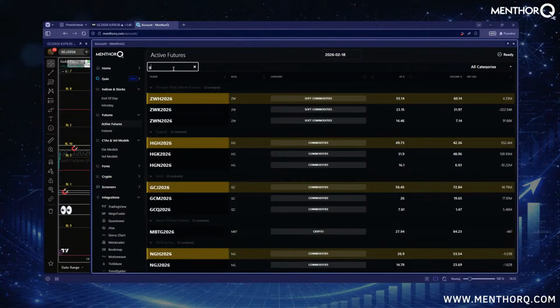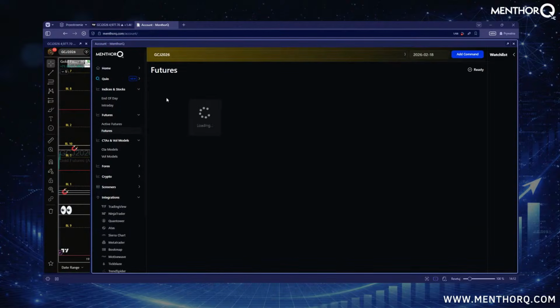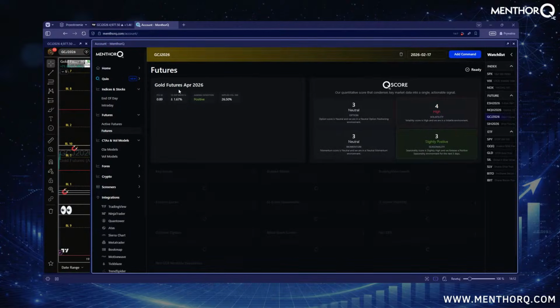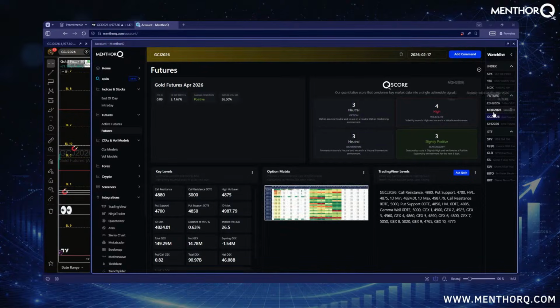Let's start from gold. Still that contract, open interest, volume, and this is the most traded contract. After clicking in our dashboard, you will go exactly to all the details we have here. Q score: volatility is still high, seasonality is positive, neutral, and option score momentum positive and neutral, very good.